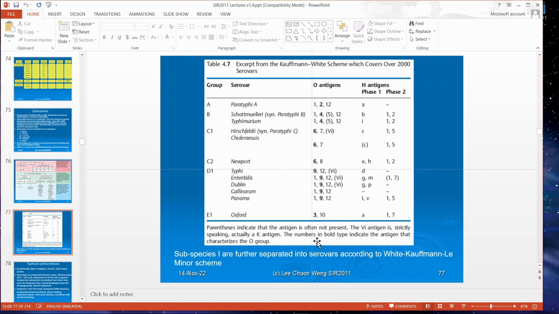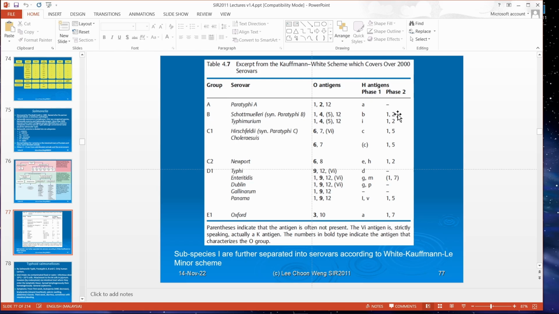This one is according to the White, Kauffmann, and Le Minor scheme for serological classification of Salmonella. They have H antigens, phase 1 and phase 2. Why 2 phases? Because Salmonella has phase variation.